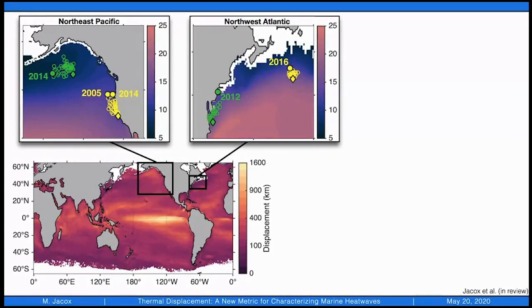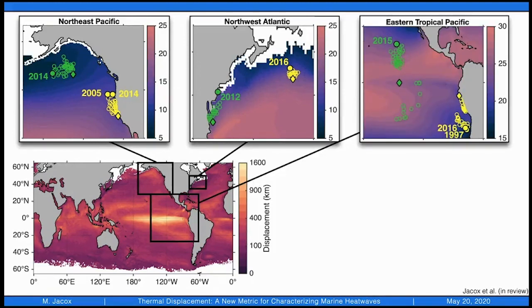And then you look somewhere like out in the Gulf Stream extension, where again, due to that SST gradient, you have very, very little thermal displacement, even in the strongest events. And then back to the Eastern Tropical Pacific, not surprisingly, some of these most prominent El Nino events jump out as the times when we get the largest displacements.